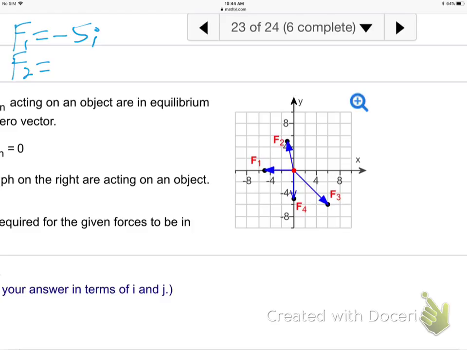Just ask yourself, how far back, how far up? Looks like half a jump back and then 2.5 up. So what is that? So it's back 1 and up 5. Isn't it 5? Yeah. Minus 1i plus 5j. Everybody see that? This is 2, 4, 5. Right there. 2, 4, and then halfway is 5. We good?